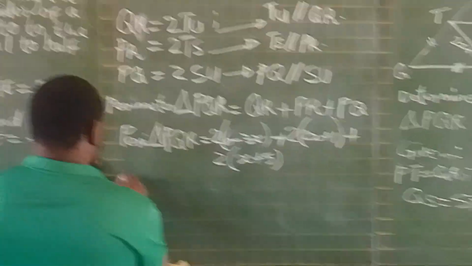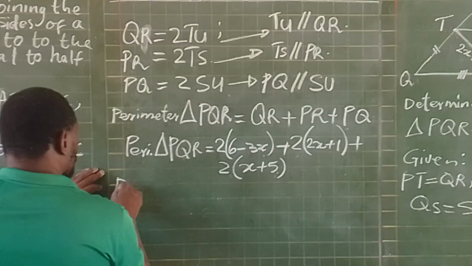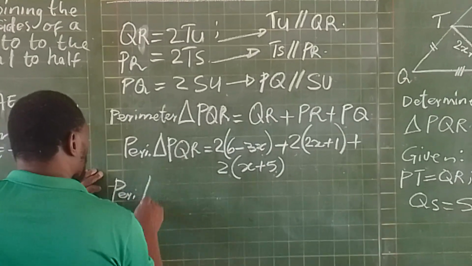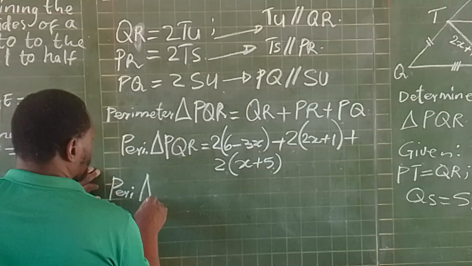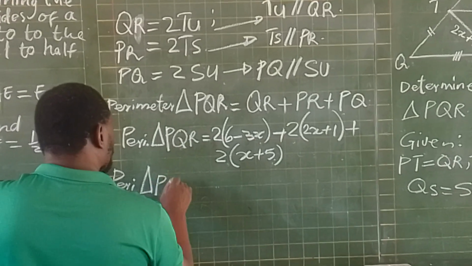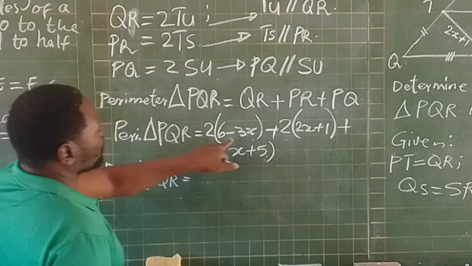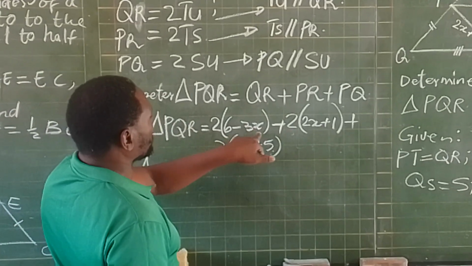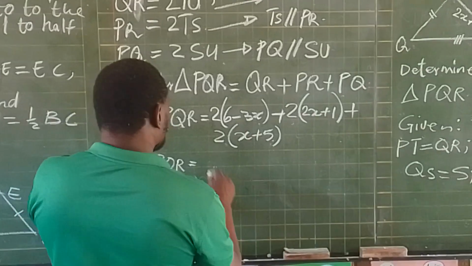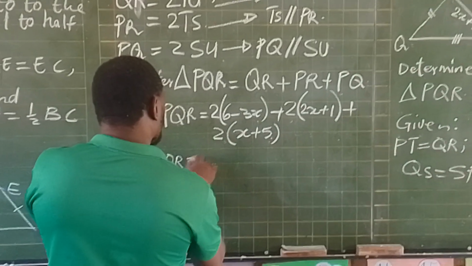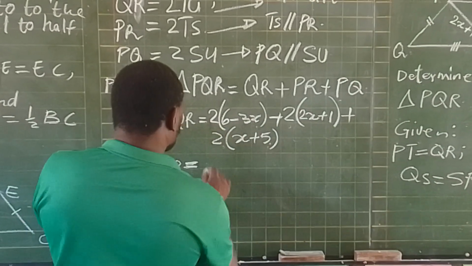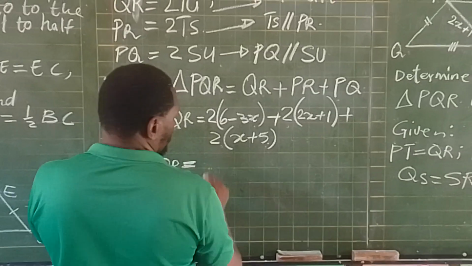Now the perimeter of triangle PQR is equal to 2 times 6 minus 3x.